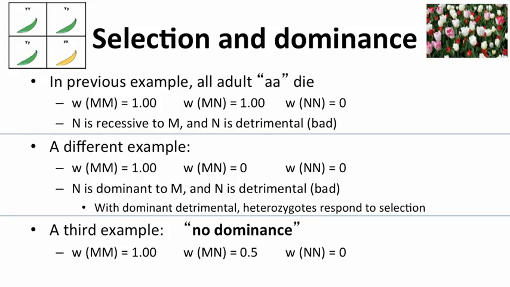This is what's often referred to as directional selection, because selection will preferentially push towards the elimination of the N allele over time, whereas the MM is always perfectly healthy. But the rate will be very different. In the recessive case, selection would be very slow to eliminate N's. In the dominant case, selection would be very fast to eliminate N's. In the no dominance case, it would be intermediate.